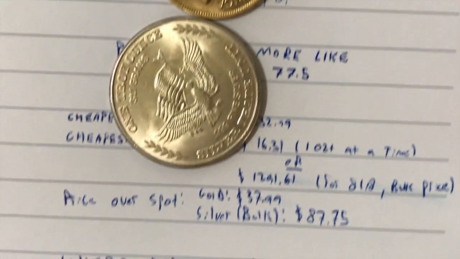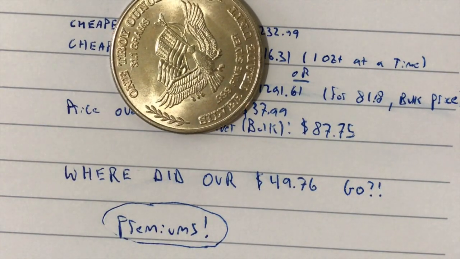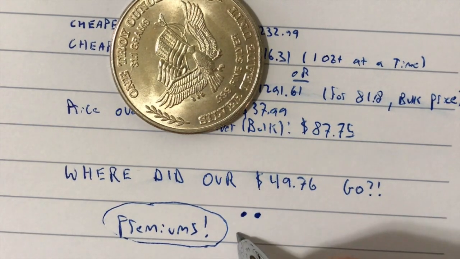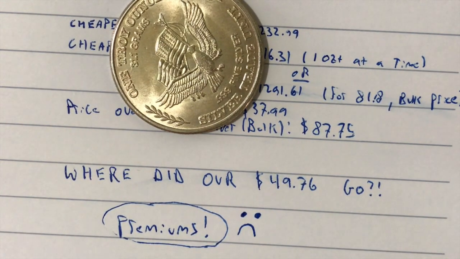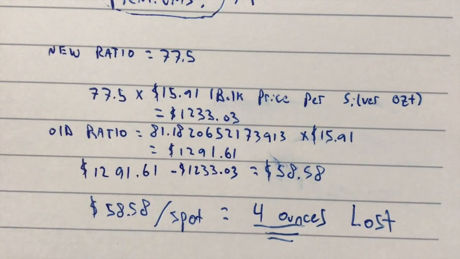And remember that since we chose generic cheap metals, we will lose those premiums at the time of sale. If we trusted spot price and used that as a gauge of how much metal our dollar could buy us, we would only receive 95% of our intended purchase if buying silver, which in this case is $58.58 lost, which is 4 ounces of silver today.